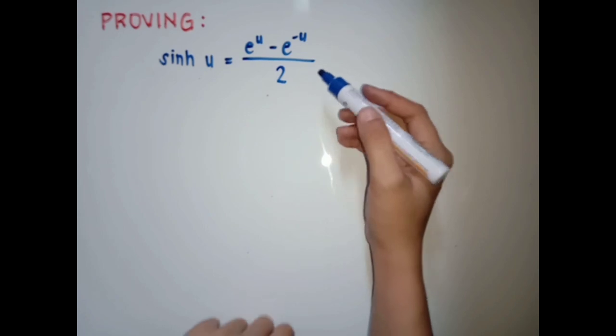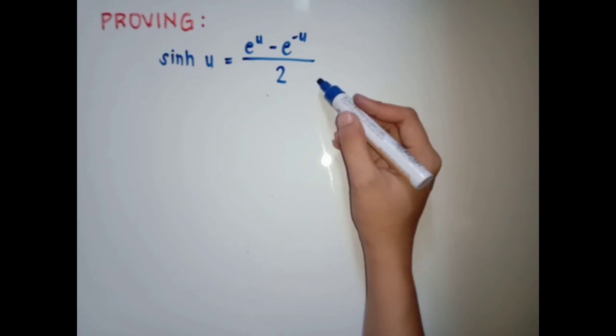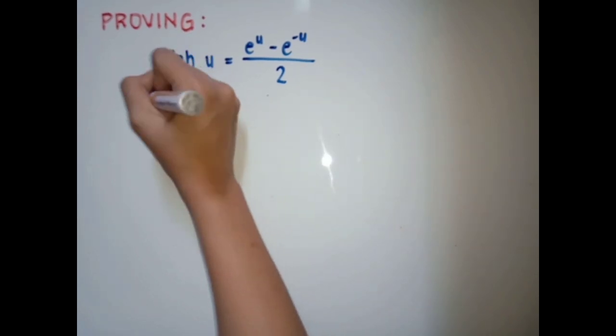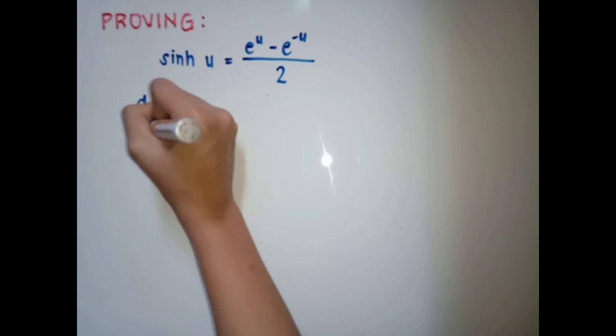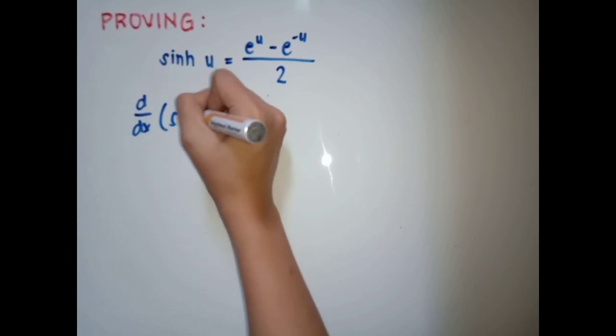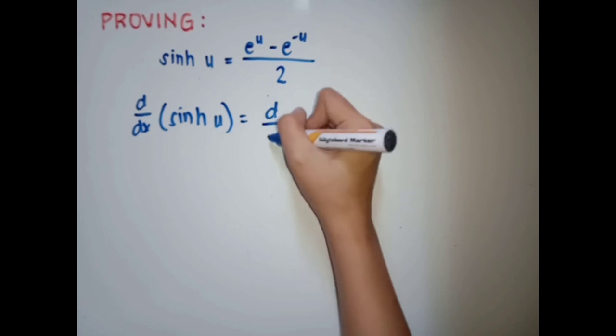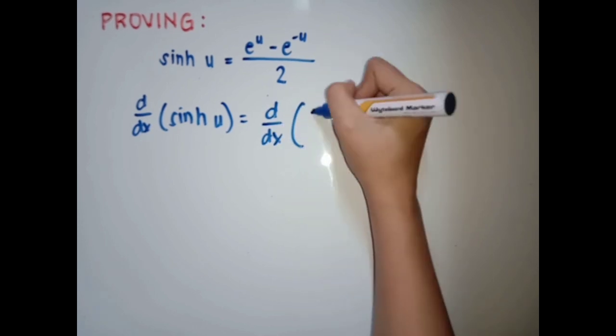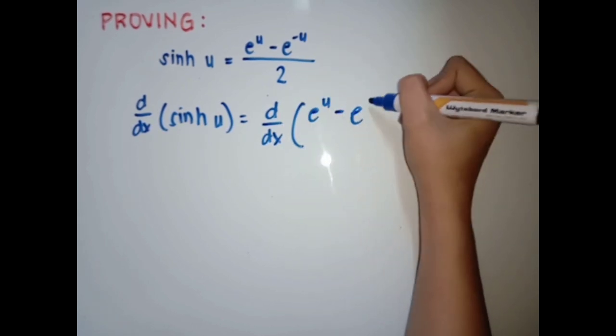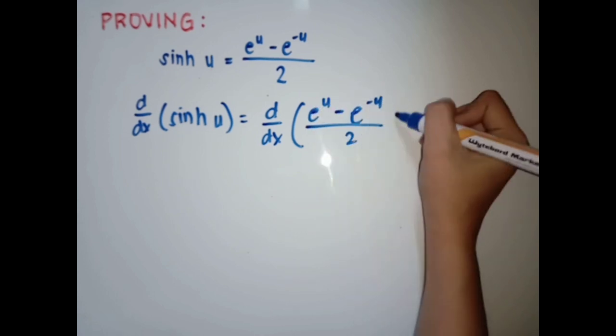So, by deriving this formula with respect to x, we have d over dx of hyperbolic sin u is equal to d over dx of e raised to u minus e raised to negative u all over 2.